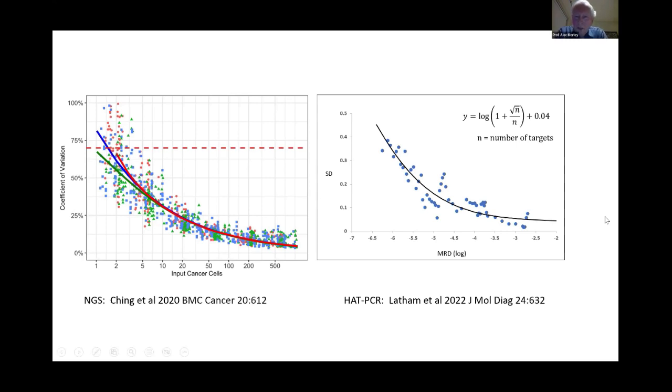if it's not obscured, in the top right-hand corner of our data is the regression line, which is an artificial regression line. It's the logarithm of 1 plus n, where n is the number of targets at a particular level, which can be calculated fairly easily from the MRD level. And this is the targets.